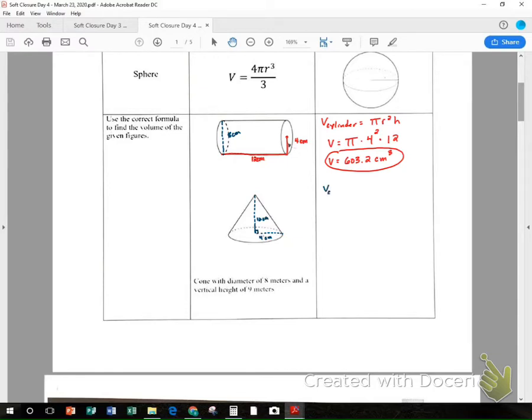Volume of a cone equals pi times the radius squared times the height, and then you have to divide by 3. Dudes, it's the exact same thing, only you have to divide by 3 at the end. Okay, so let's do it. Volume equals, we've already done most of this.